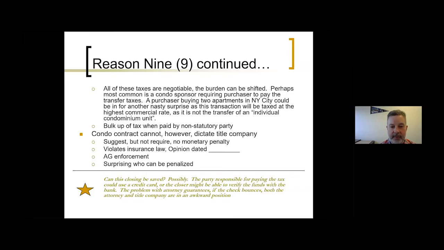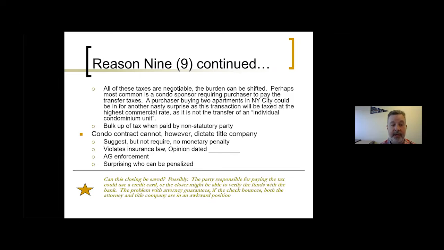Another thing to look out for with condos is if you have a purchaser who's buying 2 apartments in New York City, that's going to be taxed at the highest commercial rate because it's not considered a single condo unit. And if they're paying the transfer tax, they're going to bear the burden of that.